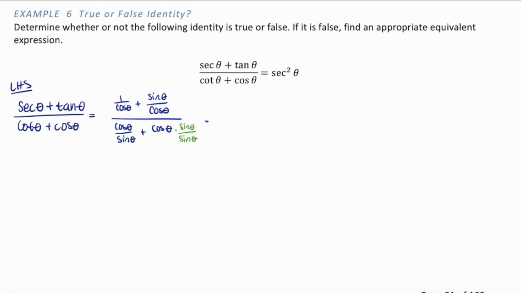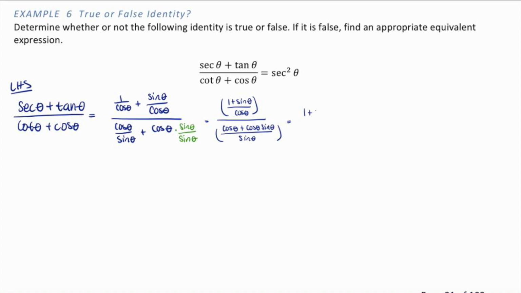So I end up with 1 plus sine theta divided by cosine theta, this quantity completely in my numerator. In my denominator, I have cosine theta plus cosine theta sine theta divided by sine theta, completely in my denominator.